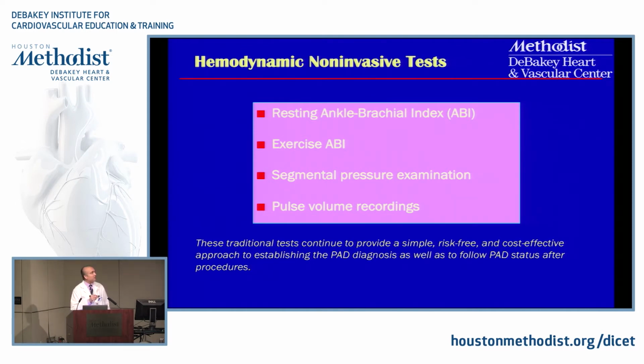In those cases, you can proceed to do an exercise ABI. The way that's done is you do a resting ABI, then you have the patient exercise on a treadmill for 5 minutes, and then you come back and remeasure their pressures, and you look to see if there's a drop in their ABIs between rest and exercise. That's indicative of an abnormality as well.